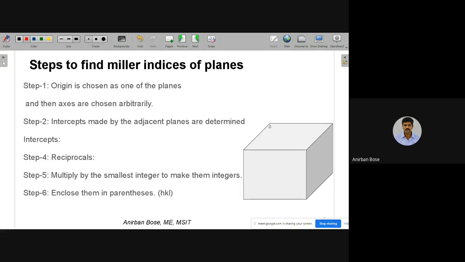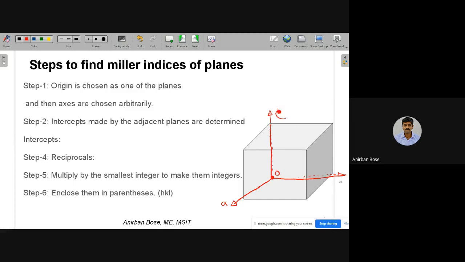So let us consider these axes, and say this is the origin, with axes a, b and c.